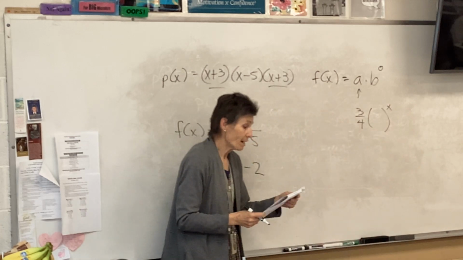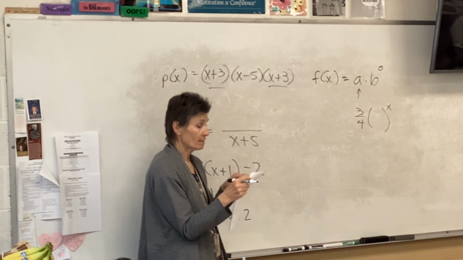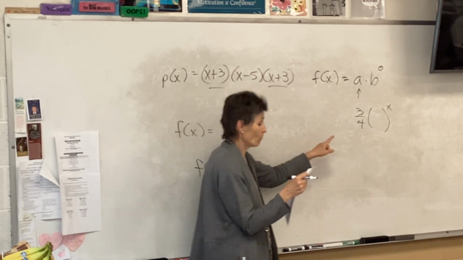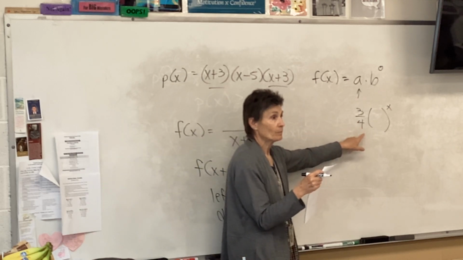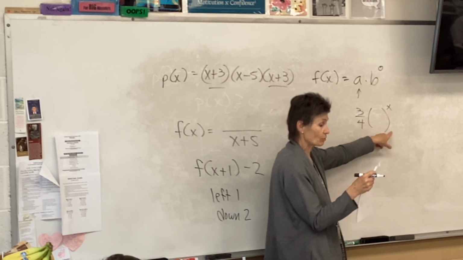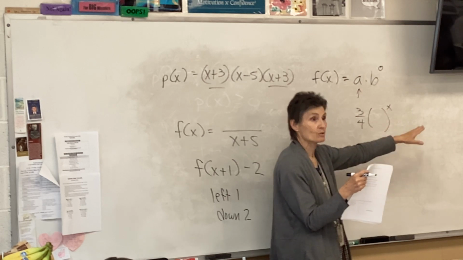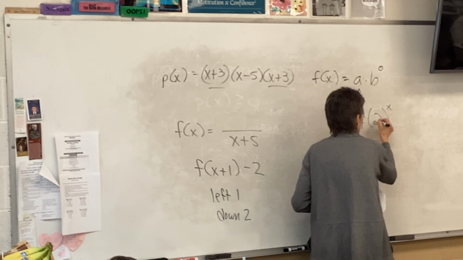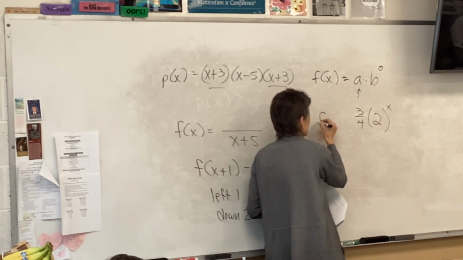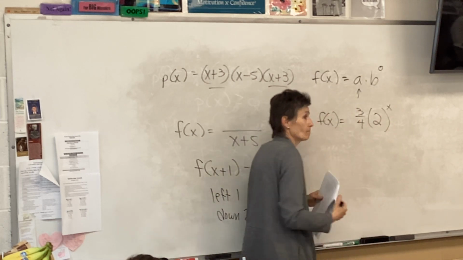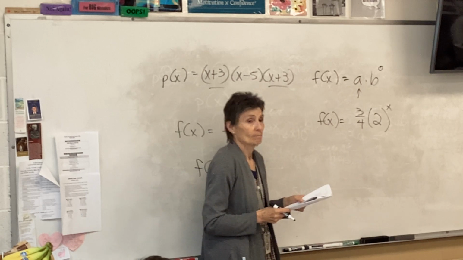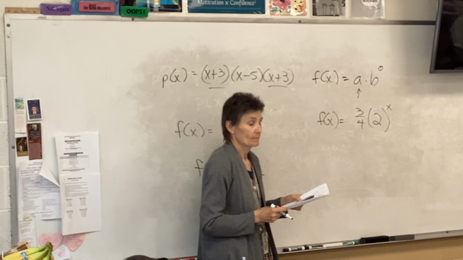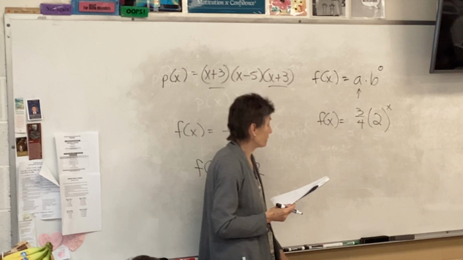Now, what am I multiplying by to get from 3/4 to 3/2? Or from 3/2 to 3, or from 3 to 6, or 6 to 12. What am I multiplying by? 2? Isn't this my equation? So what have I got?